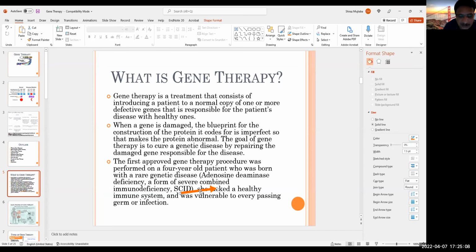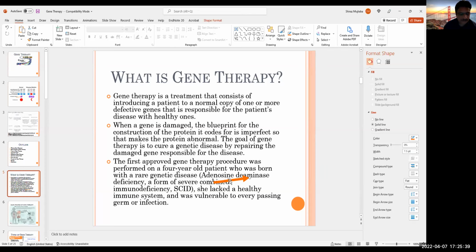This is an enzyme involved in the biosynthesis of a nucleotide. If this enzyme is mutated, then nucleotide synthesis is compromised, and these people will exhibit a very severe kind of immunodeficiency called severe combined immunodeficiency.